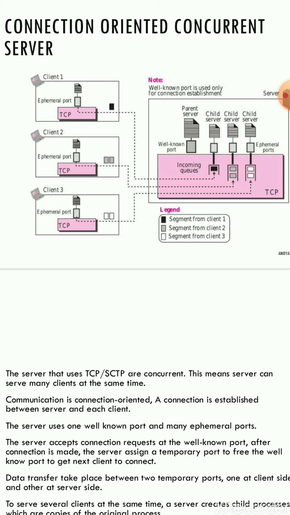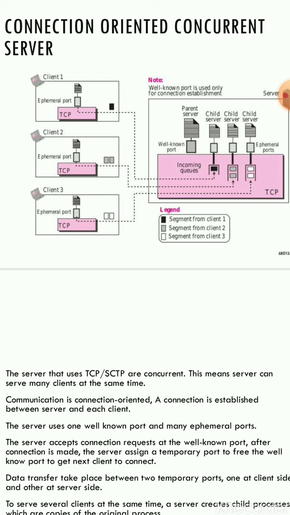Now you can see on the server side there are three more services shown, that is, child servers. What happens in this situation? First the client comes and sends the request packet to the well-known port number of the parent server.